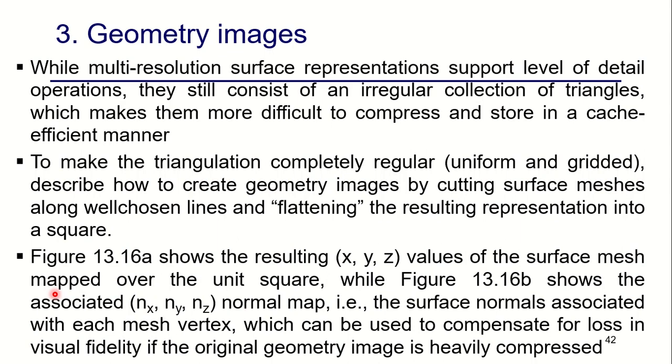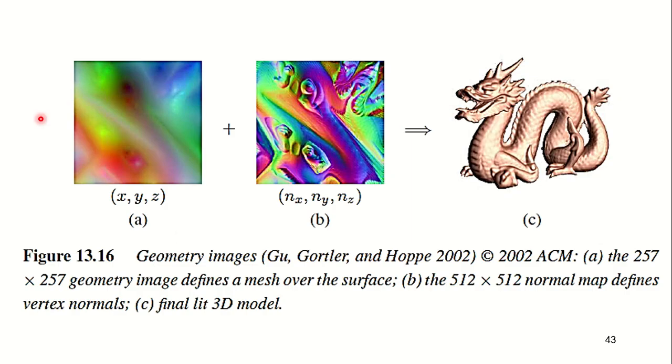This figure shows the resulting x, y, z values of the surface mesh mapped over the unit square. So this is the surface mesh which is mapped over the unit square.